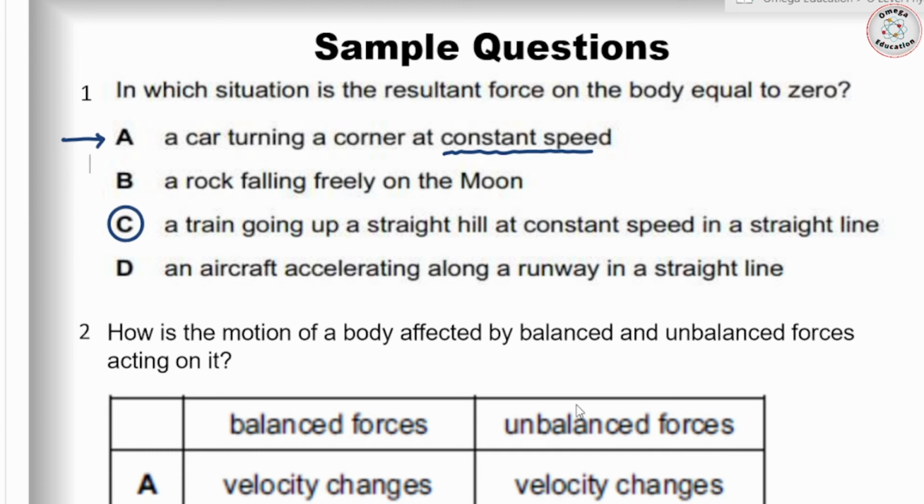Your direction changes at every point. You have to make a turn. So this is not constant speed in a straight line. This is a problem with option A. So the only one that says constant speed in a straight line would have zero resultant force. And when the object is accelerating, no chance for it to be with constant speed.